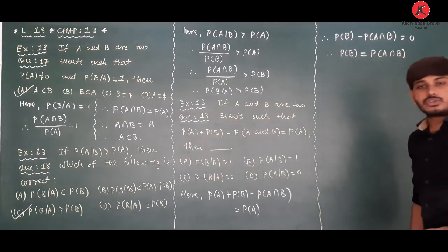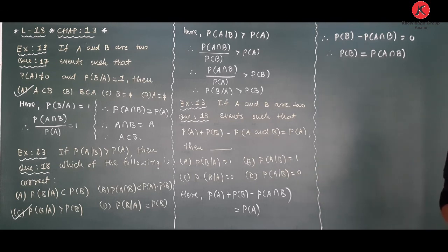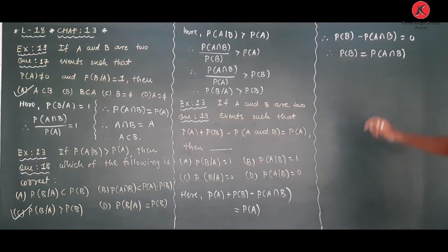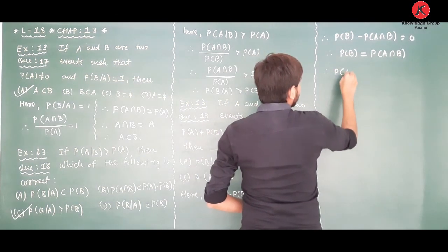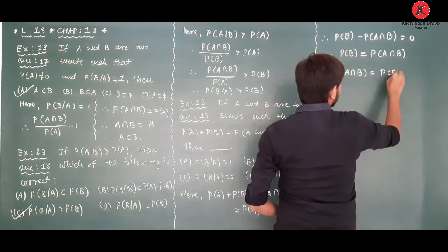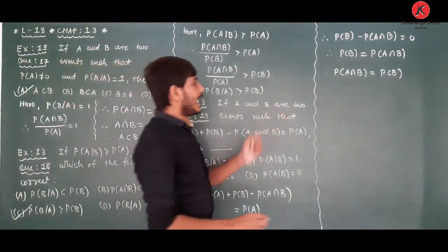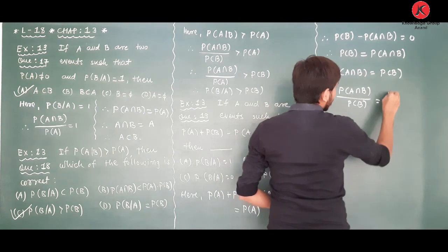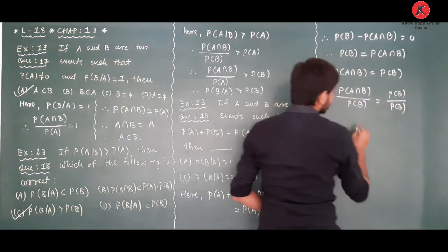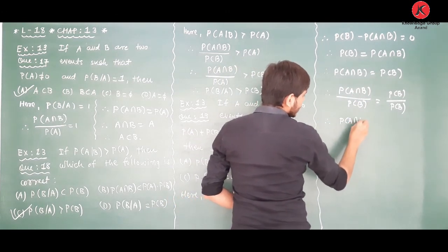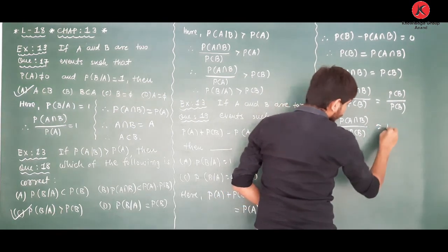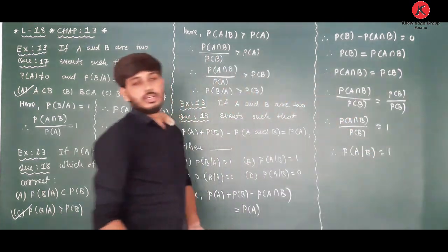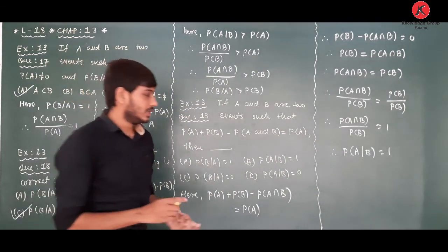If the options ask you to bring B given A or A given B, convert into that form. For that you have to divide A intersection B by something. Here probability of A intersection B equals probability of B, and if we divide both sides by probability of B, then we get probability of A intersection B divided by probability of B equals 1, and this is probability of A given B, which equals 1.